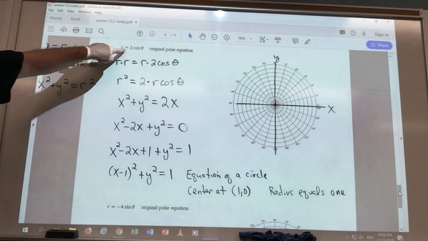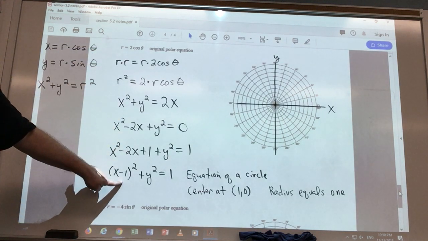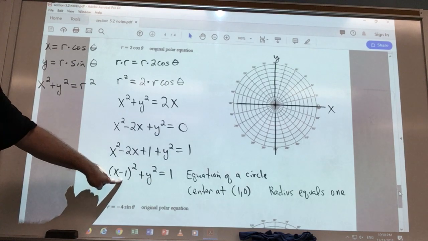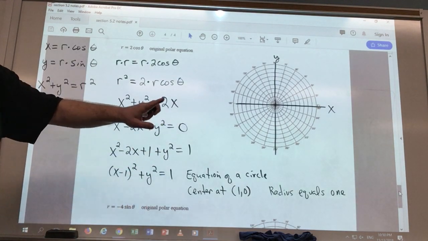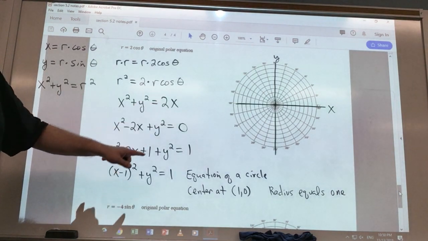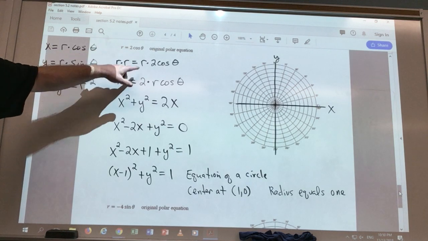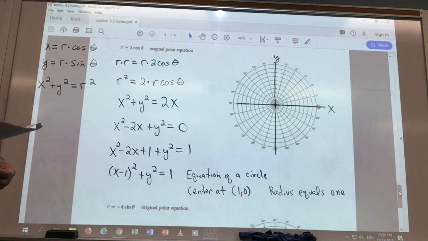So to graph this polar equation, which is the equation of a circle, we graph the corresponding equation in rectangular coordinates on a coordinate plane superimposed on the polar grid. And then when we erase the x and y axis, we know what the graph of the polar equation looks like on the polar grid.